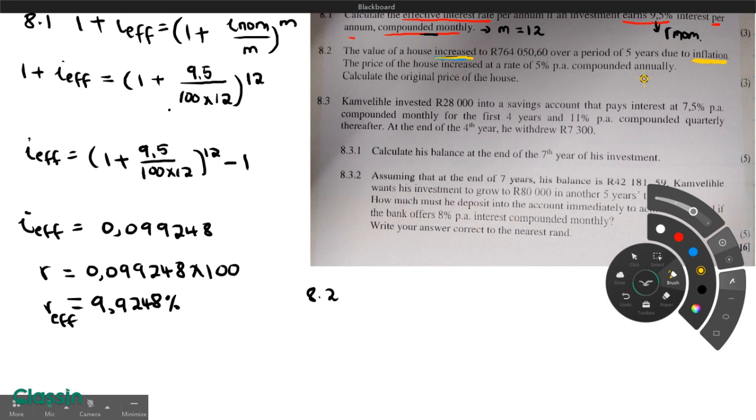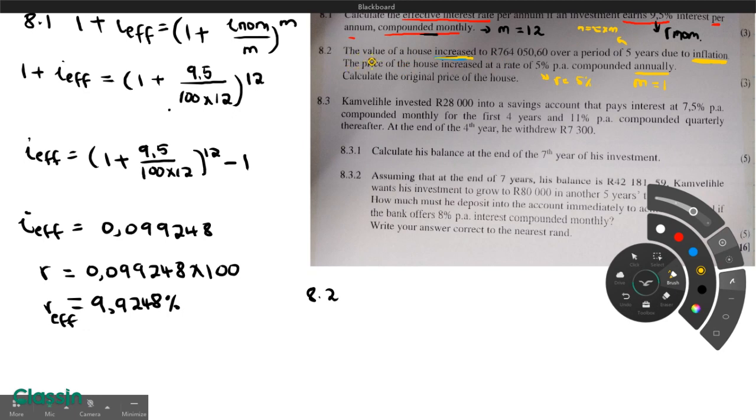It says this is compounded annually, so the value of M is going to be 1. The increased rate is 5%, so we have R as 5%. Over a period of 5 years, T multiplied by M equals N. We highlight most of the things as we proceed.